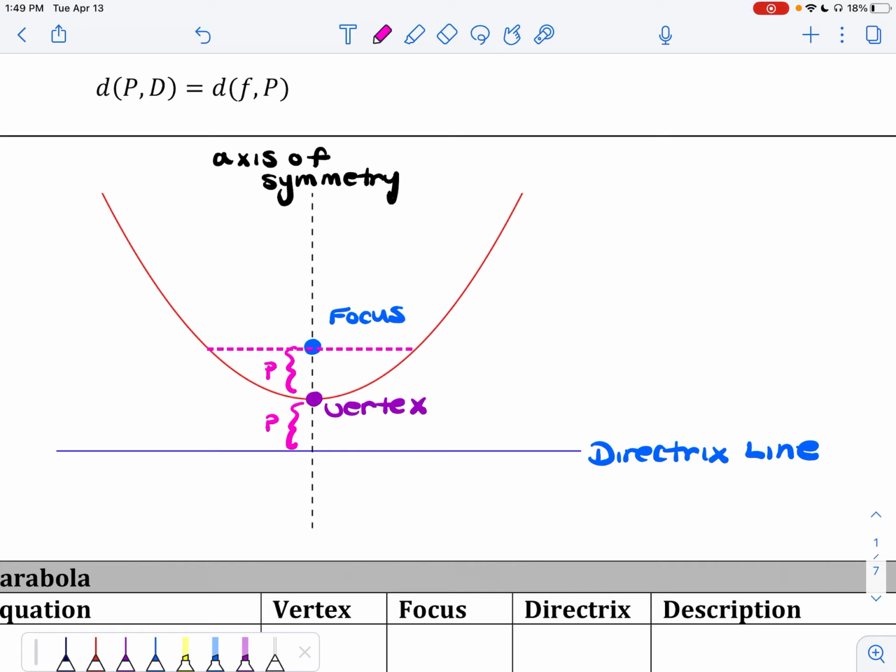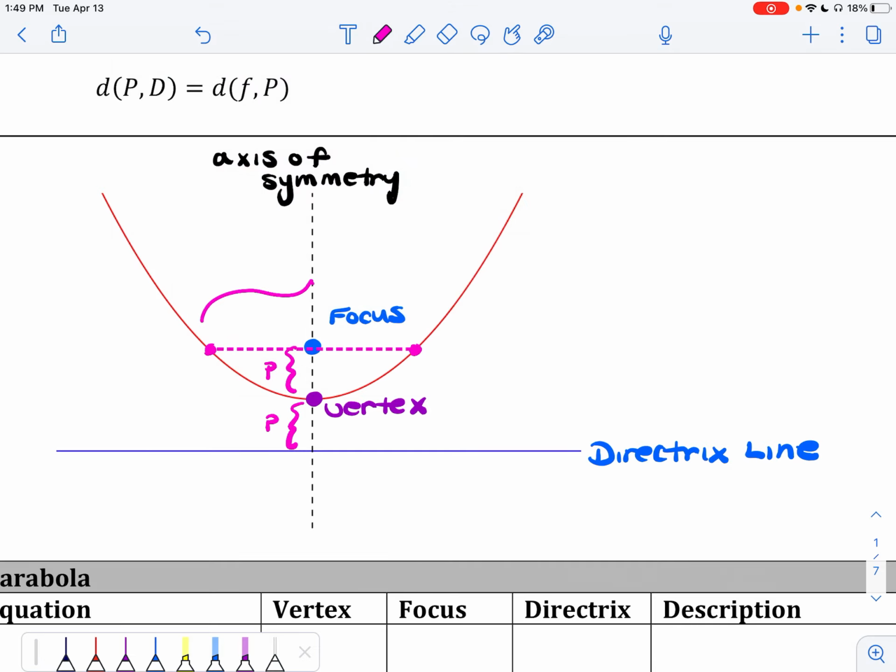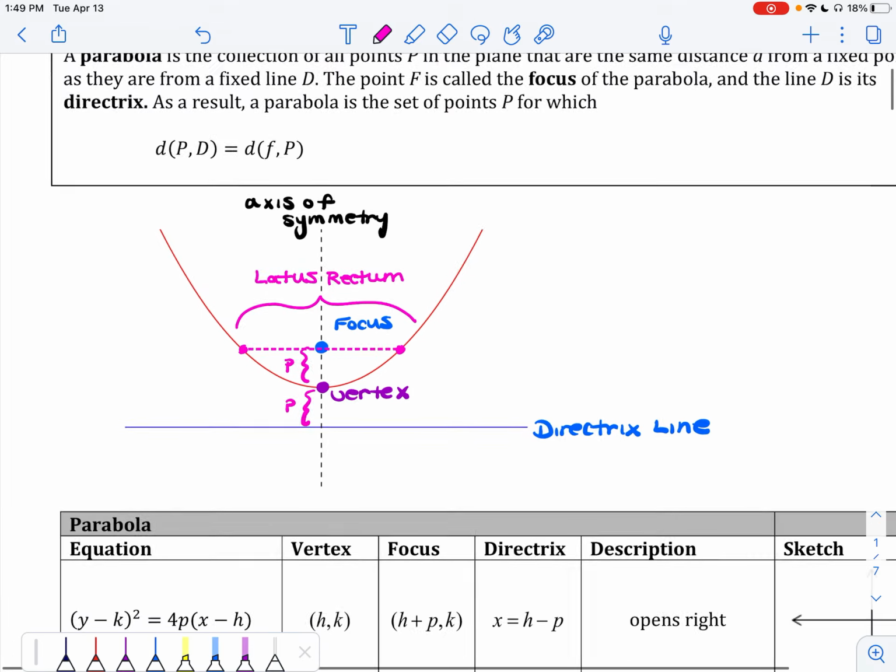Okay, so the line that goes across the parabola at the focus, so perpendicular to the axis of symmetry, this is called the latus rectum. Okay, so again, that is the distance across the parabola at the focus. Okay. All right.